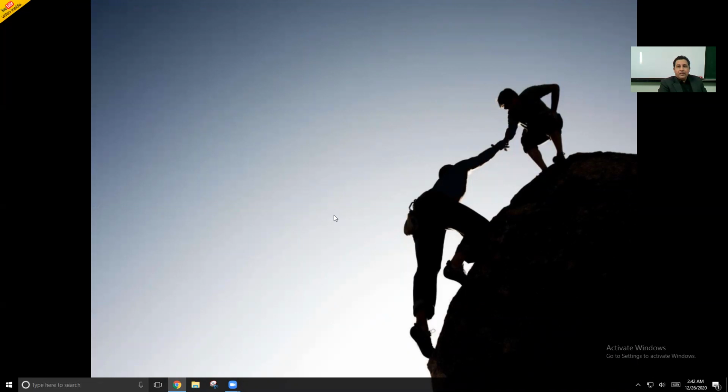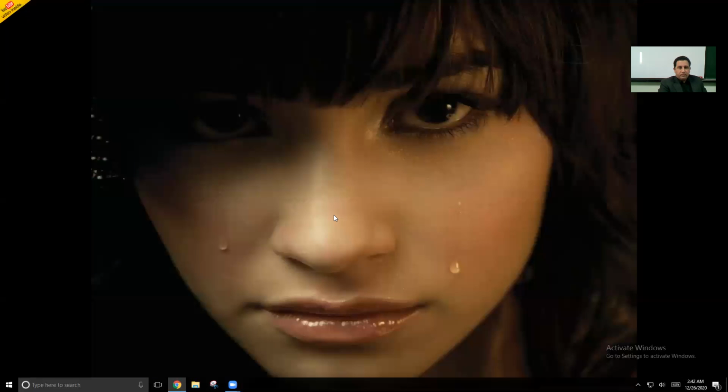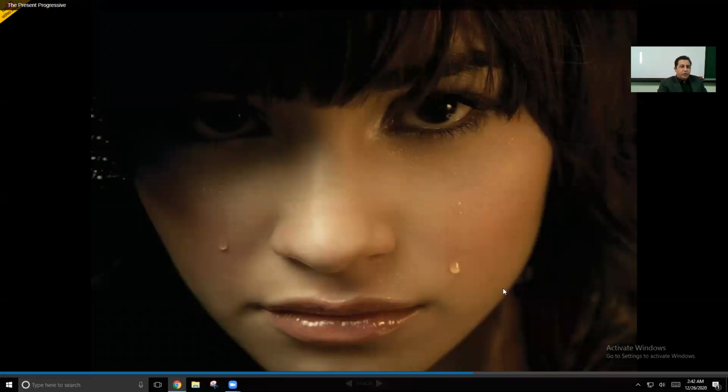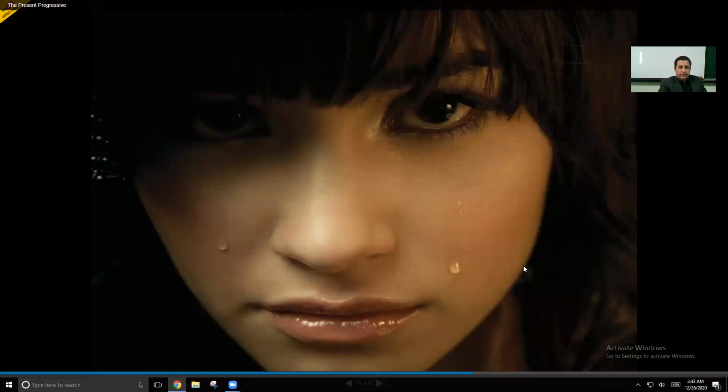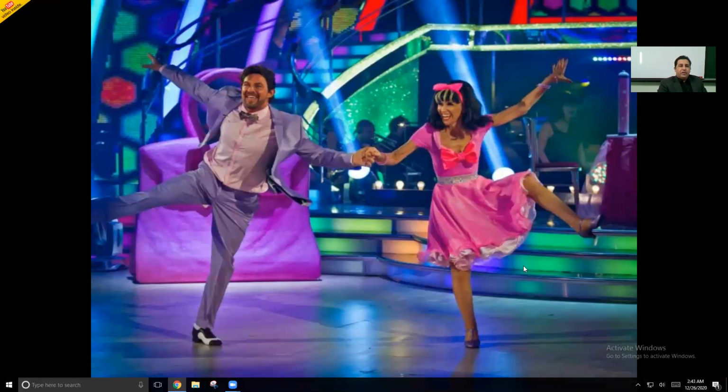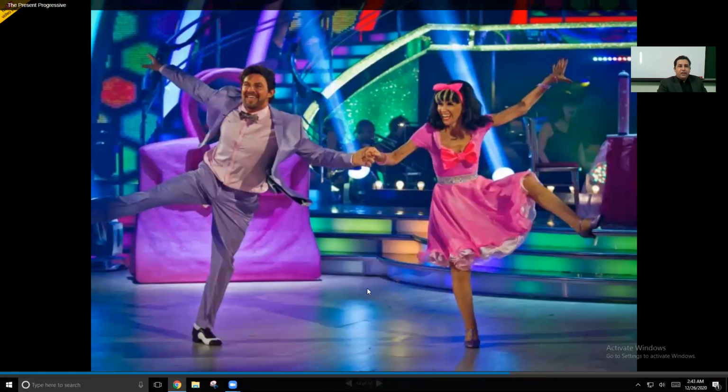They are climbing on a mountain. What do you think she is doing? She is crying, or she is weeping, or she is shedding tears. Now what is this couple doing? This couple is dancing.